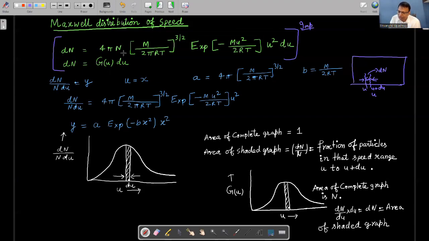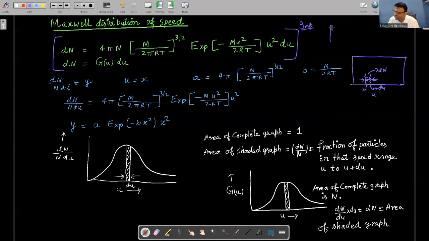So dn is equal to 4 pi n (m upon 2 pi RT) to the power 3 by 2 exponential minus m u square upon 2 RT, u square du. So here u is the speed of gas particles, m is the molar mass of the gas particle, T is the temperature of the gas.